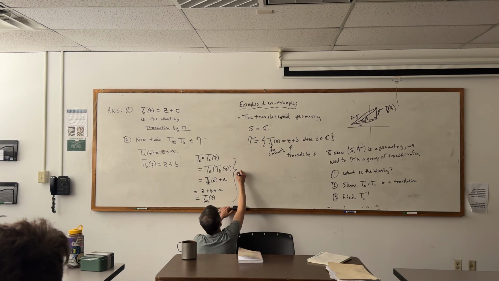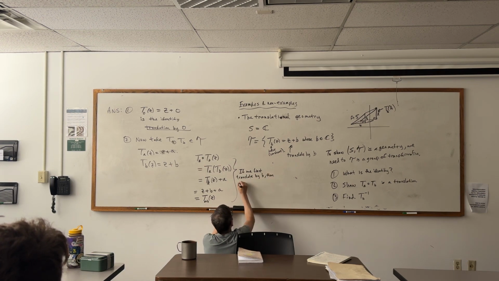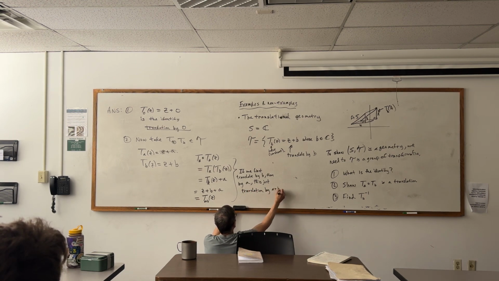So, if we first translate by B, then by A, this is just translation by their sum. Very nice.